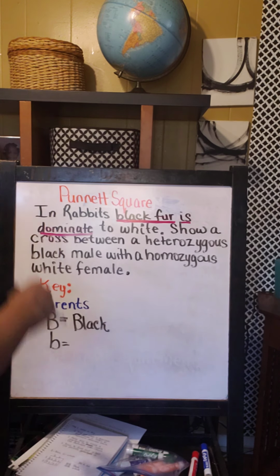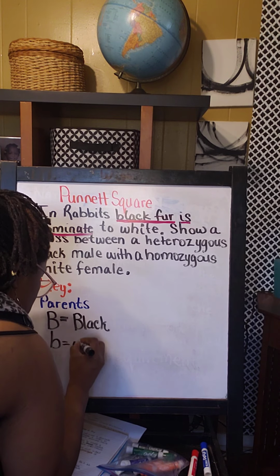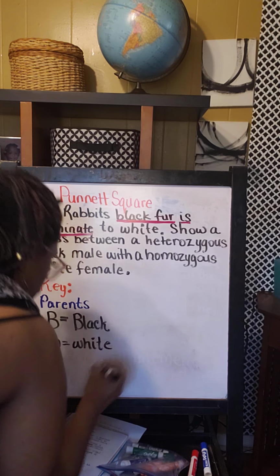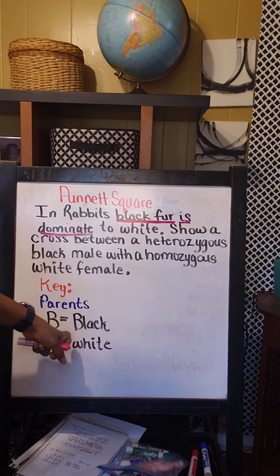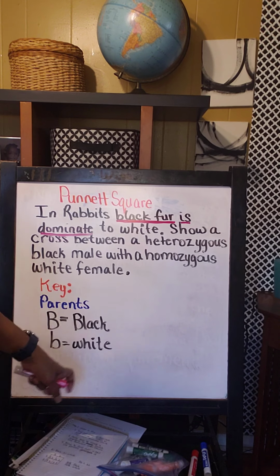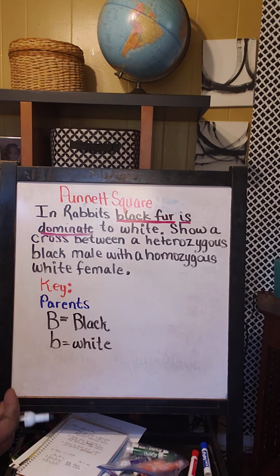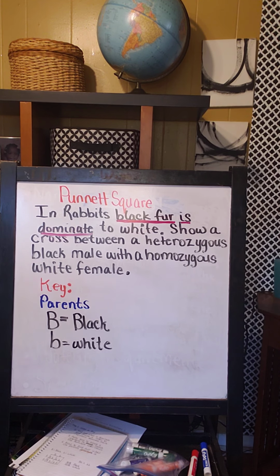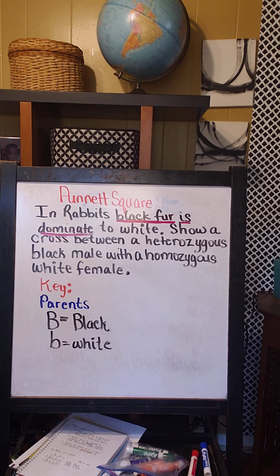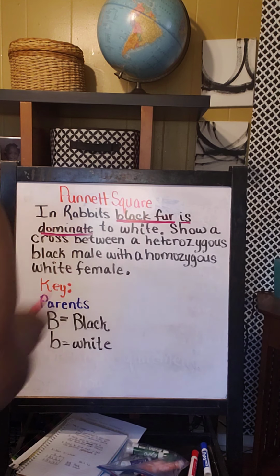So we're comparing color. What these two things have in common is color, okay? So dominant black, recessive white. It told you here in your question. We have black fur as dominant, and it didn't say that the white was recessive, but it did say white, so it's easy for us to assume that it is going to be recessive, because in rabbits, black fur is dominant to white.